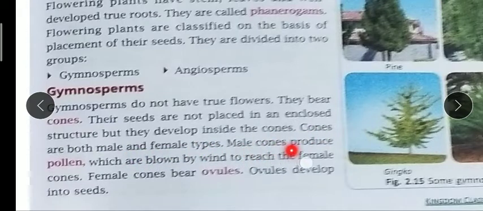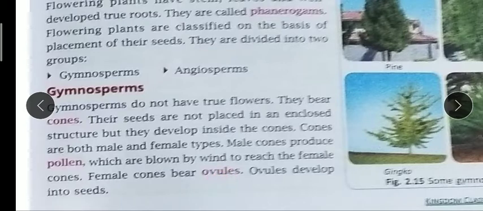Male cones, underline this line, produce pollen grains, like the stamen produces pollen grains. These pollen grains present inside the male cone are easily pollinated by wind and reach the female cones, which are pink in the case of pine.